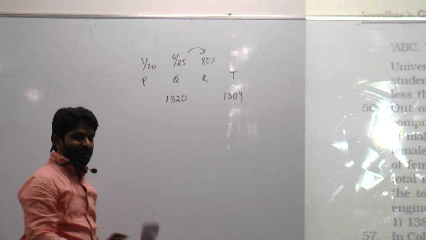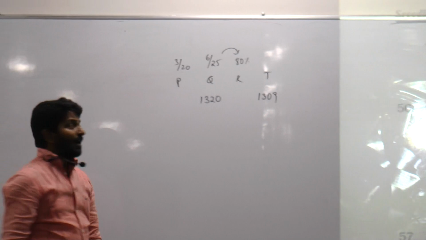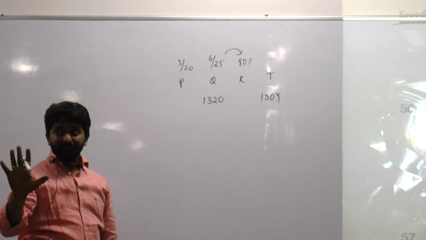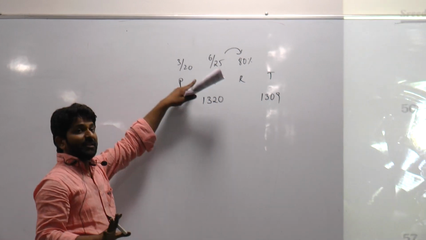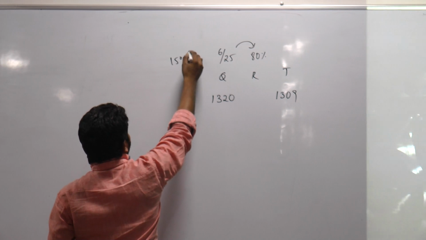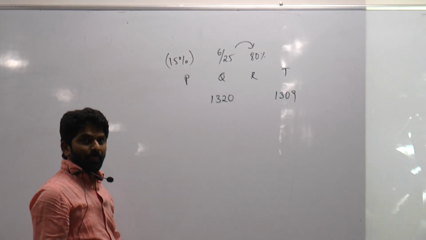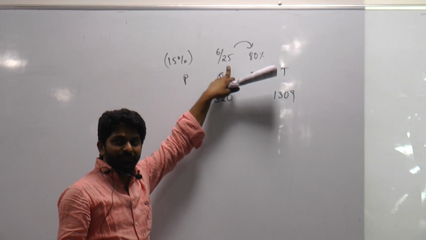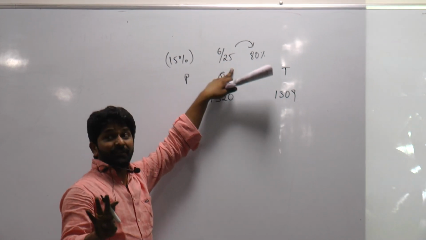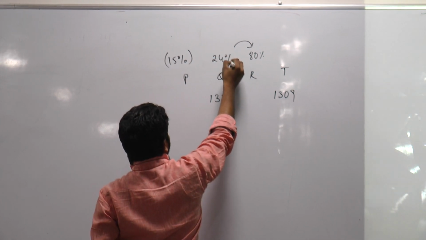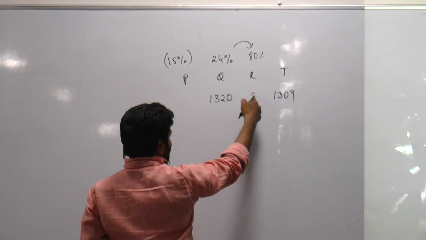Let's say University ABC has 100%. Out of 100%, what is 1/20th? 5. 3/20th? 15. So this will be 15% of the total. And Q occupies 6 by 25th. Out of 100%, what is 1/25th? 4. 6/25, 24. So this is 24%. And R will be 80% of this.